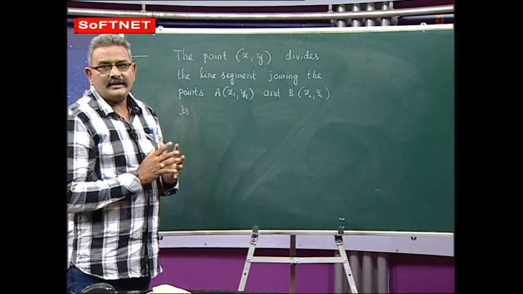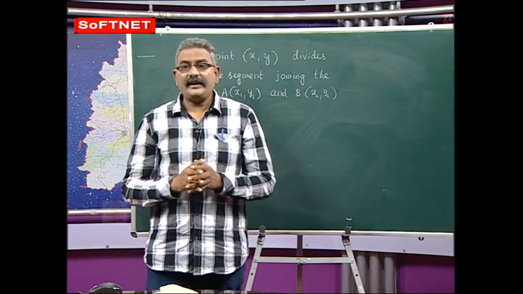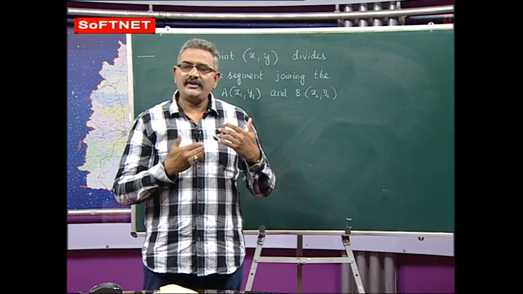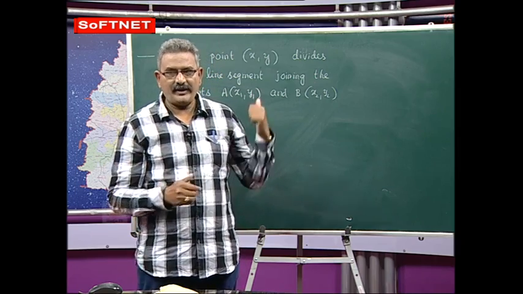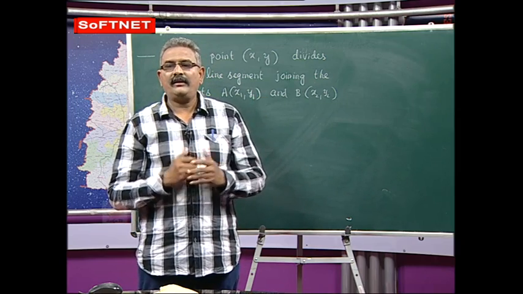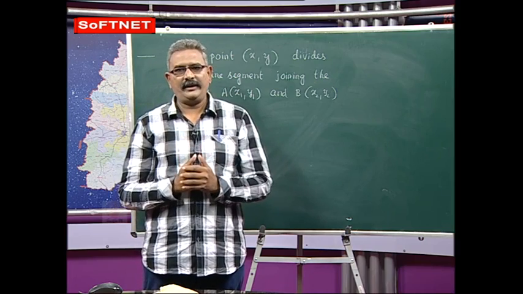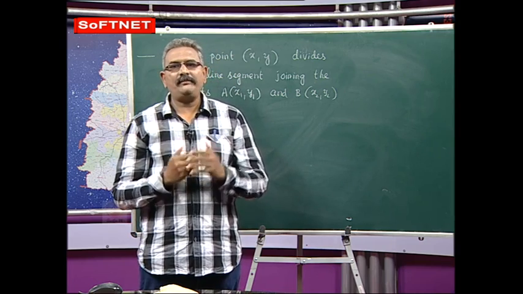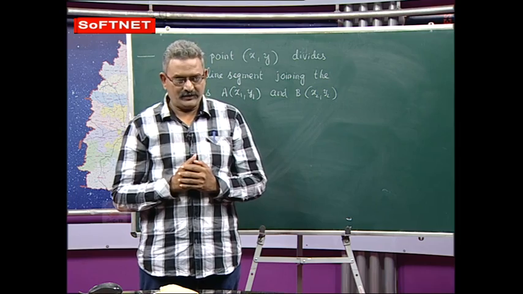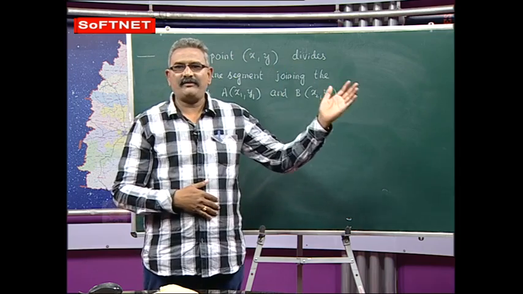So, in order to find this, first of all, let the required ratio be k:1, or you can take even m:n also. I already disclosed any point on the line segment joining the points A (x1, y1) and B (x2, y2) can be taken as (kx2 + x1)/(k + 1), (ky2 + y1)/(k + 1), that is equated to (x, y).